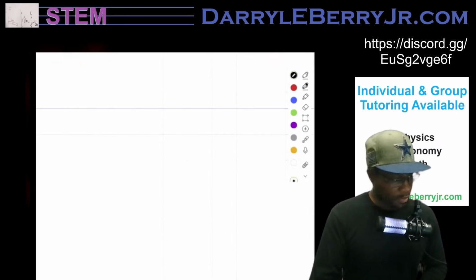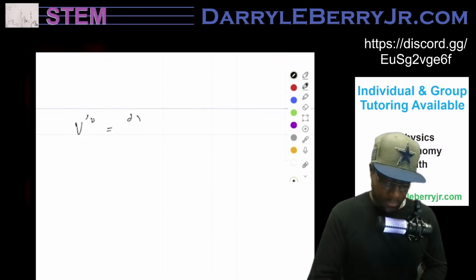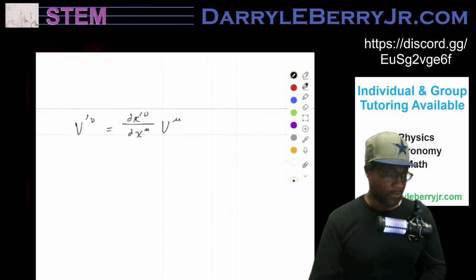So let's get this vector first in prime before we move on. So watch this notation here. It's going to be partial x prime over partial x mu, v mu. Right?